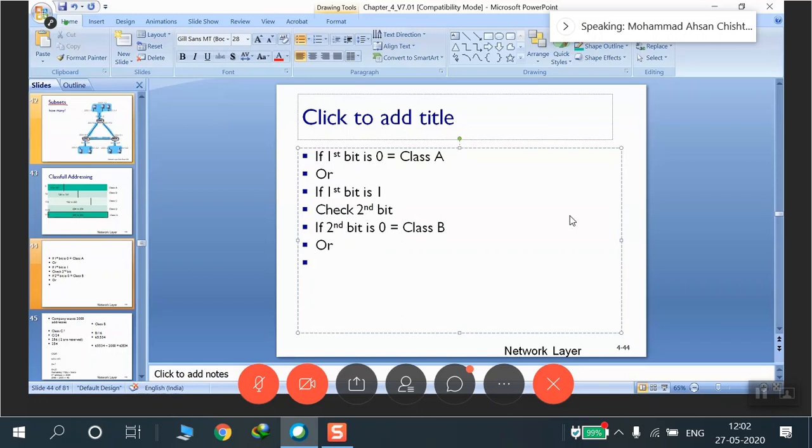Or if the second bit is 1, check the third bit.